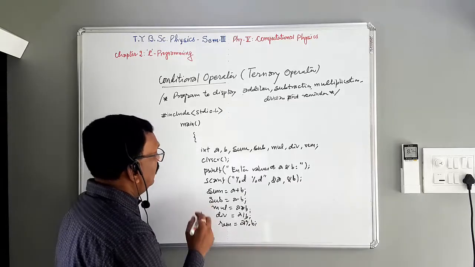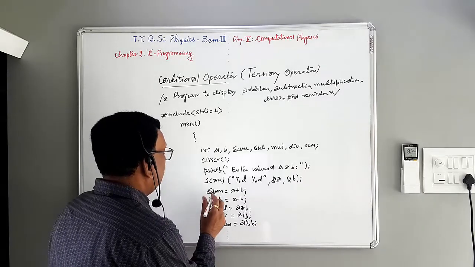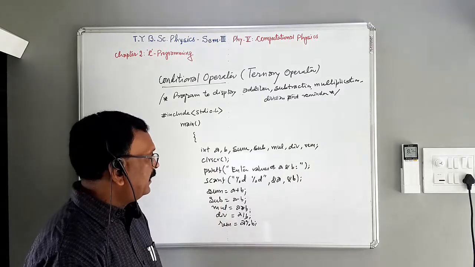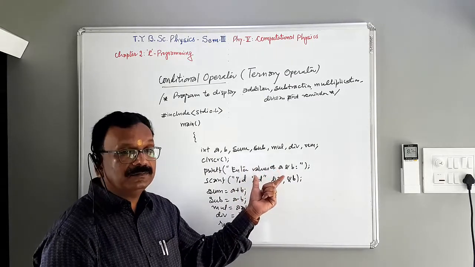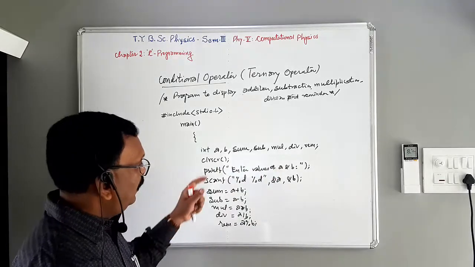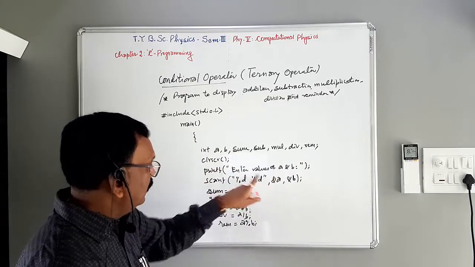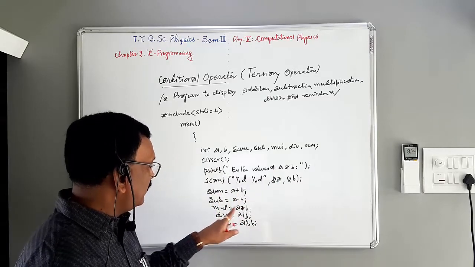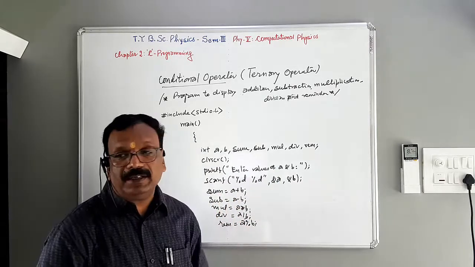And remember that every character in this program except the control string will be in lowercase. Okay. When the user supplies the values, the computer reads the values through this statement, then makes the addition, the subtraction, the multiplication, the division, and the remainder.